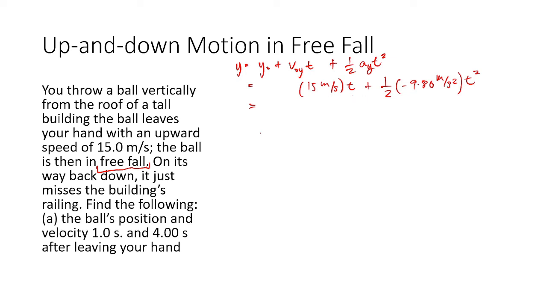You just need to substitute the values of t for each given. So first, let's use 1 second. So for 1 second, y at 1.0 second. So the position at 1 second will be, we will have there 15 meters per second.